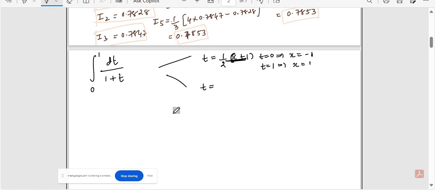But how can we get this? There is a simple formula for that. Keep in your mind: (b minus a) by 2 into x plus (b plus a) by 2. In this way you can also find the same value of t. Both are the same.